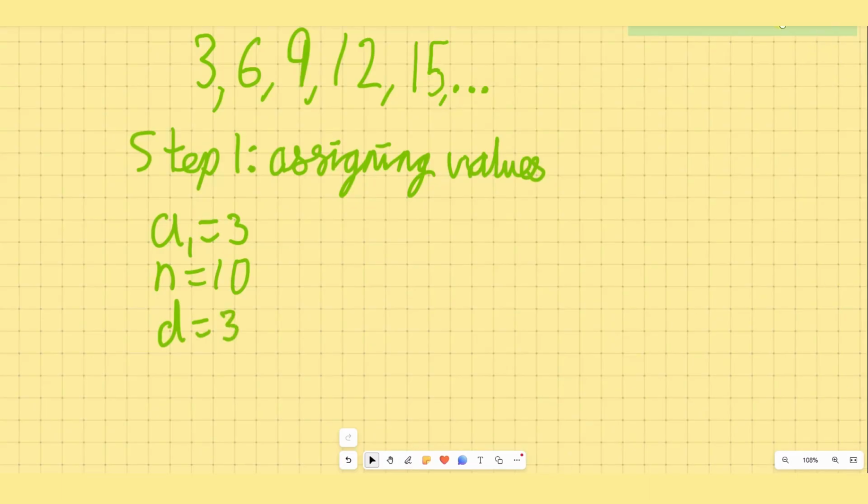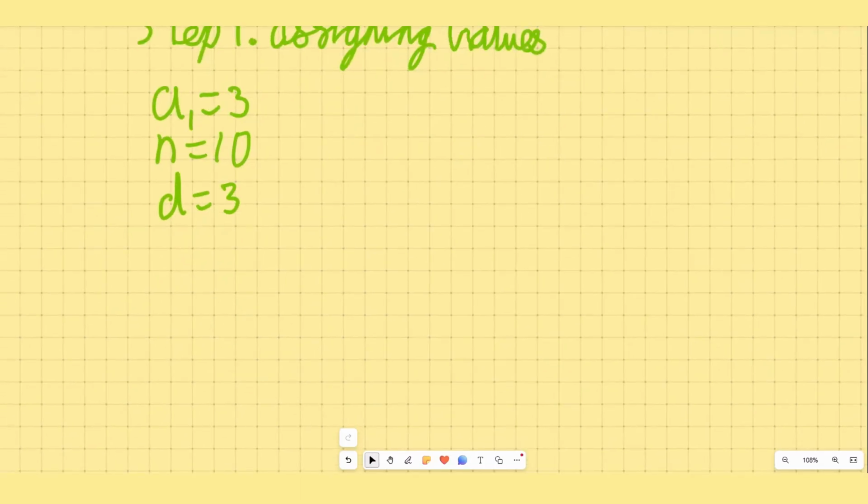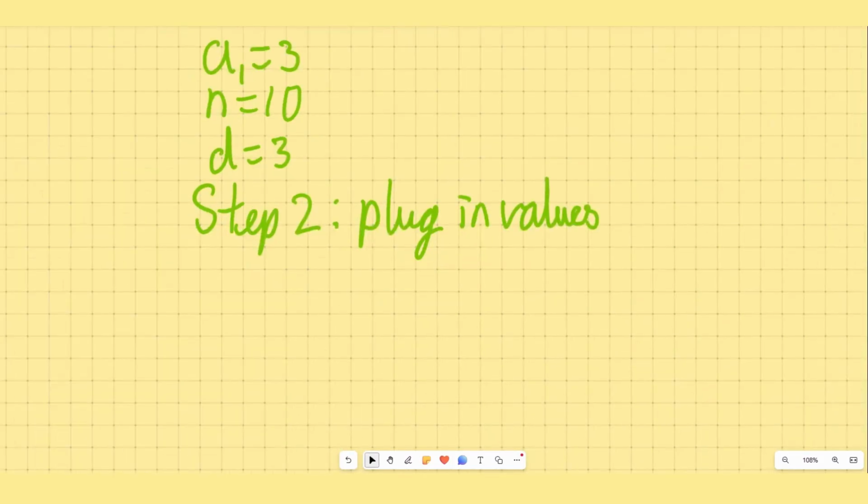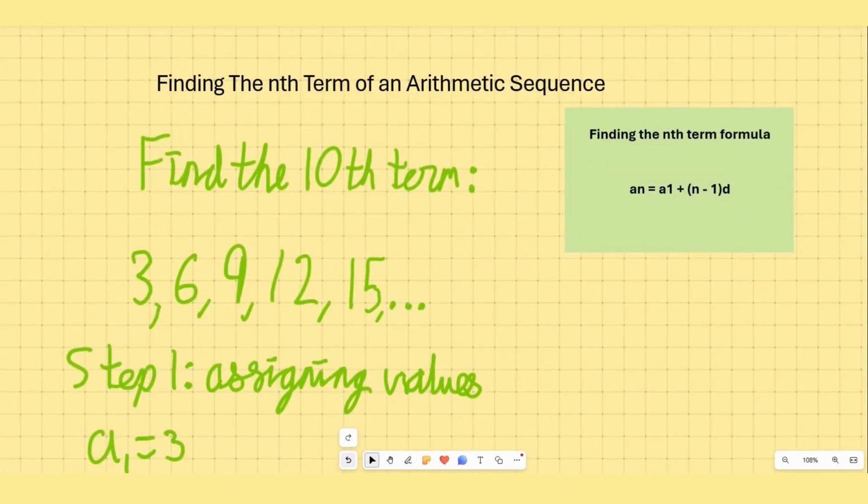Now we move on to step 2. Step 2 is plugging in these values into the equation. So step 2, plug in values. Okay. So we know that our formula is a sub 1 plus n minus 1 times d.